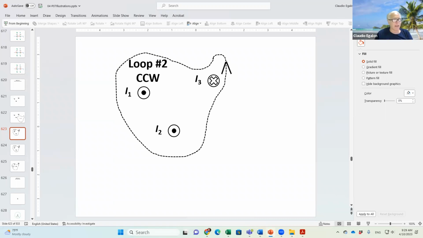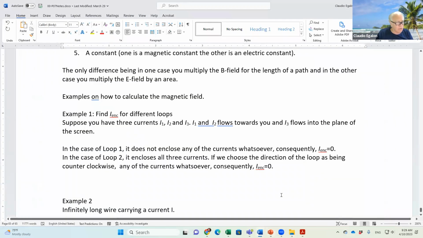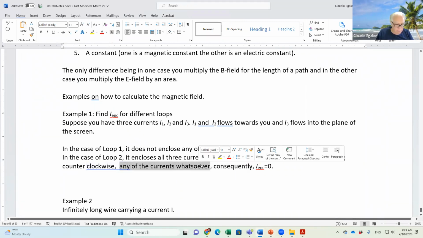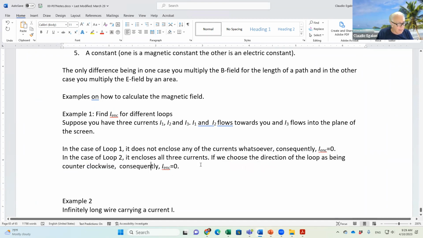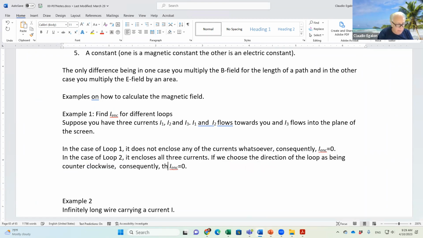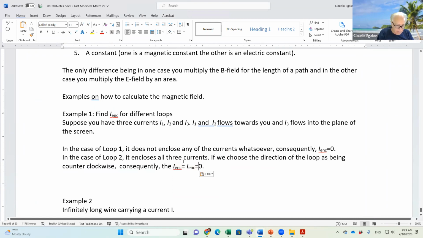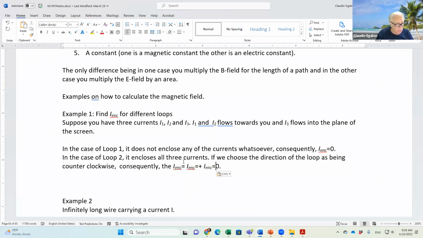It's contrary to I3. Consequently, the I enclosed is going to be I1 plus I2 minus I3.